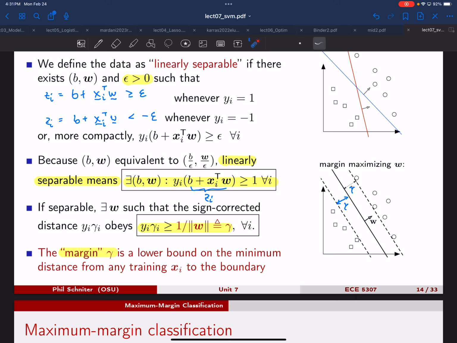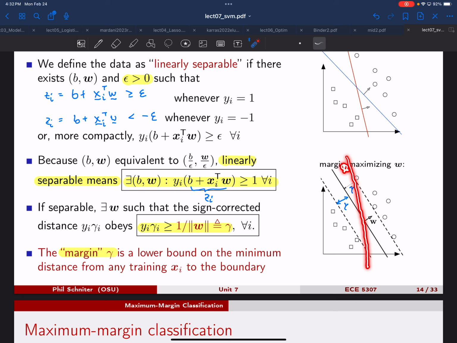Let's try to picture what happens if I change the W in this picture. For example, I could make W like this. This is still linearly separating the data, right? But notice what happened to the margin. It got a lot skinnier. So this classifier works just as well for the training data in that it classifies everything perfectly, but it might not work as well for test data.